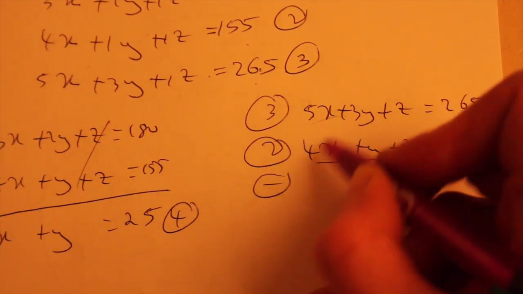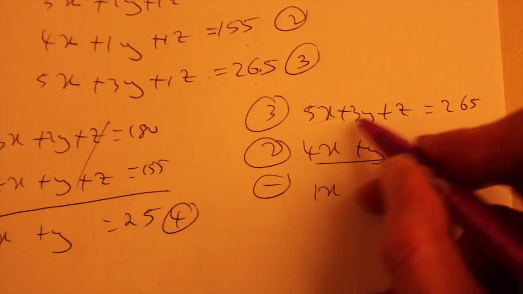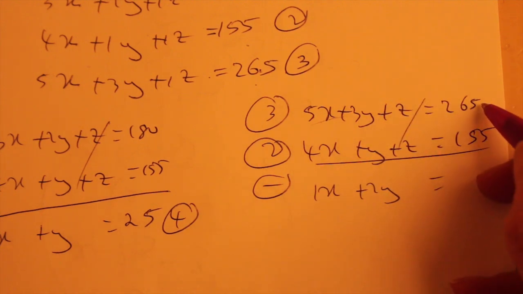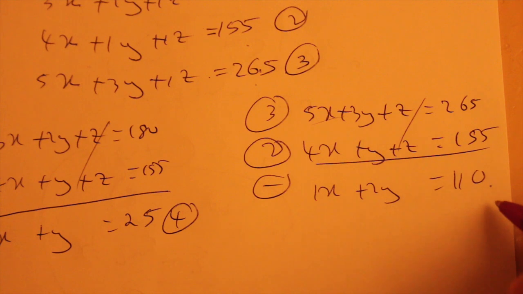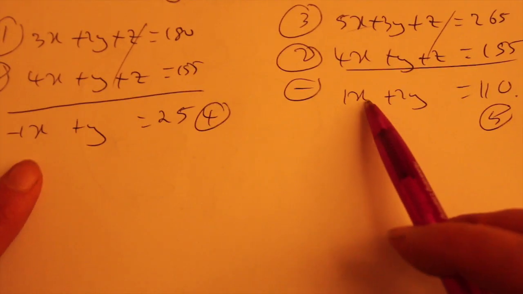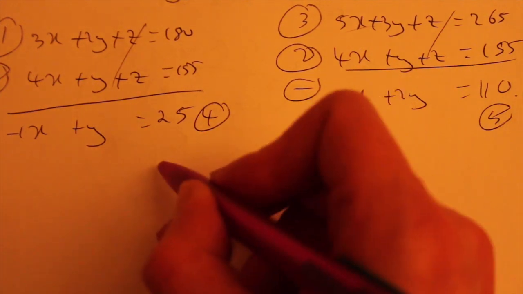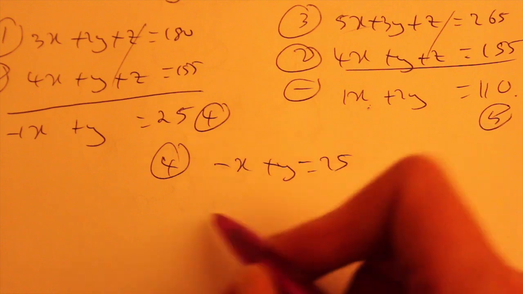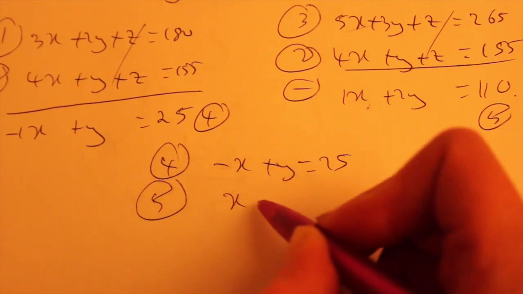Draw a line, subtract. 5x minus 4x is 1x. 3y minus y is 2y. That's gone. Subtracting that and you get 110. Call that equation 5. Now if I look at equation 4 and 5, x's are the same, so straightforward, just writing them out. Didn't need to multiply anything in this question, which is quite unusual.